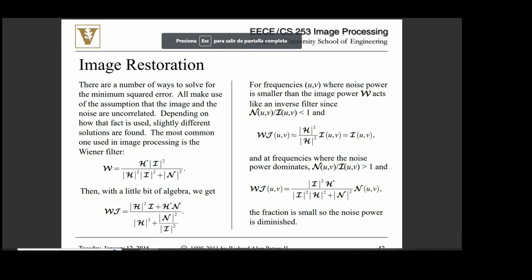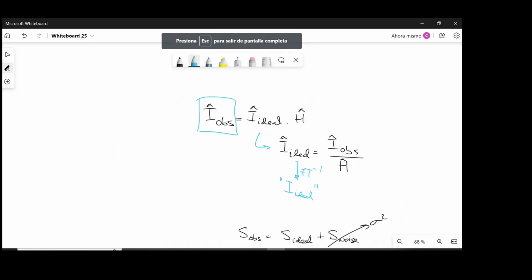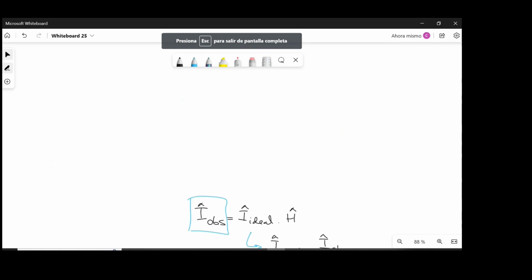The filter turns out to be this one. I like to write it in this way, I think it is better seen this way. It is equivalent, but I think it is clearer.